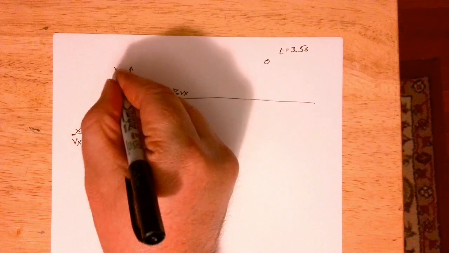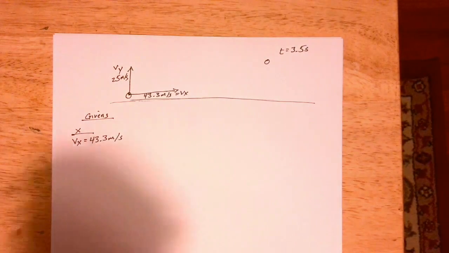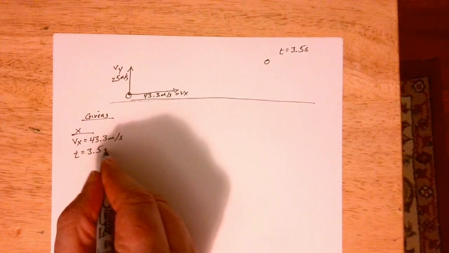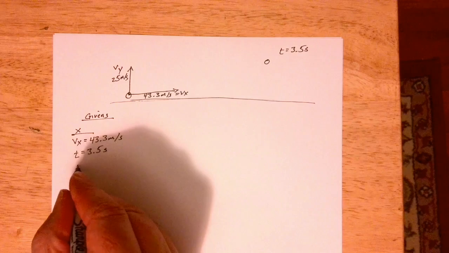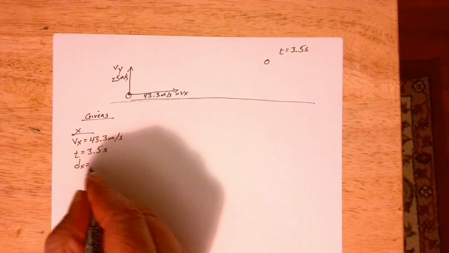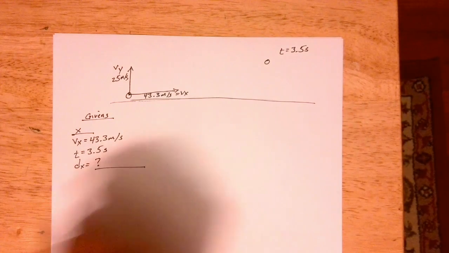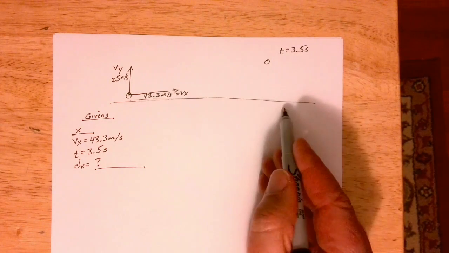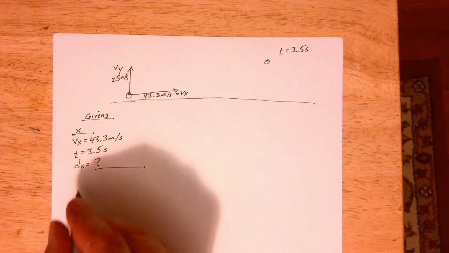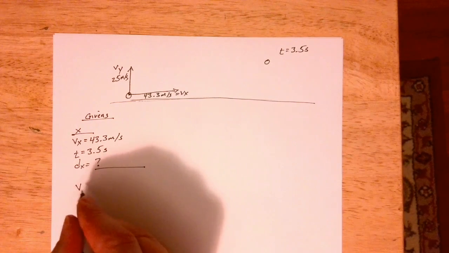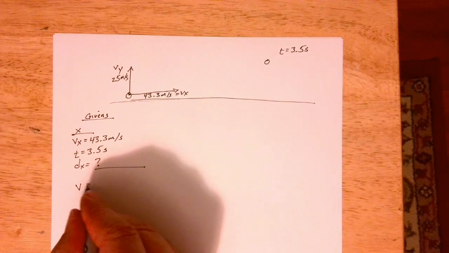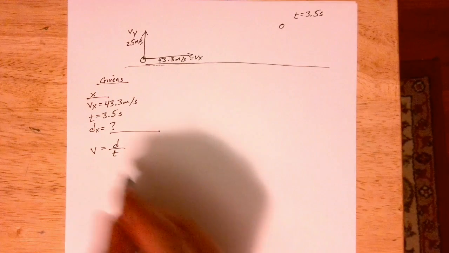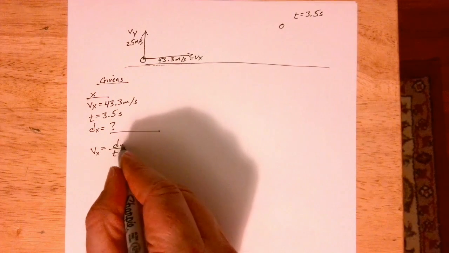And this is your velocity in the y direction. And the time is 3.5 seconds. So let's solve for the distance in the x direction, so this way we can find out at this point in time what its range is. Using the basic velocity formula, velocity is equal to distance over time. This is velocity in the x direction, distance in the x direction.